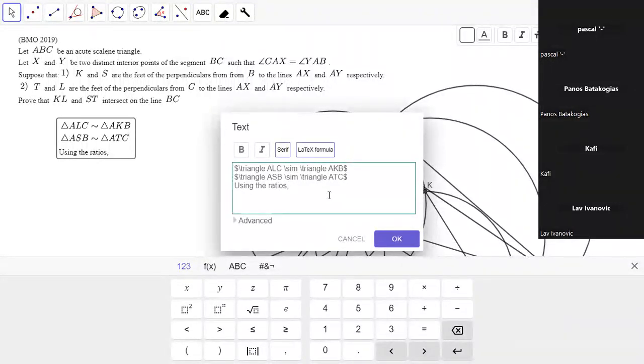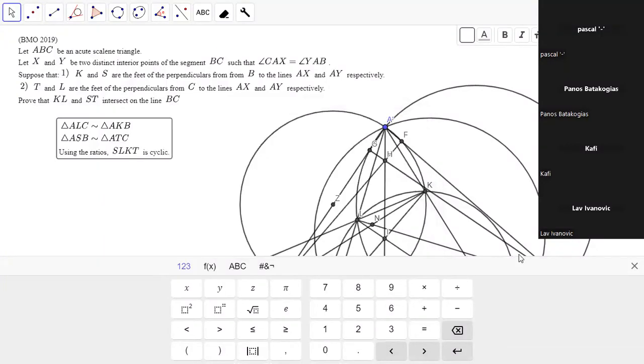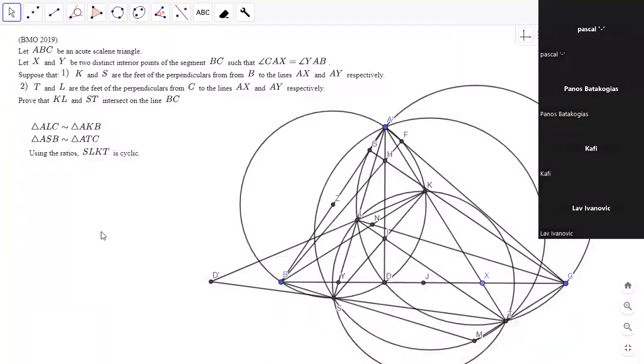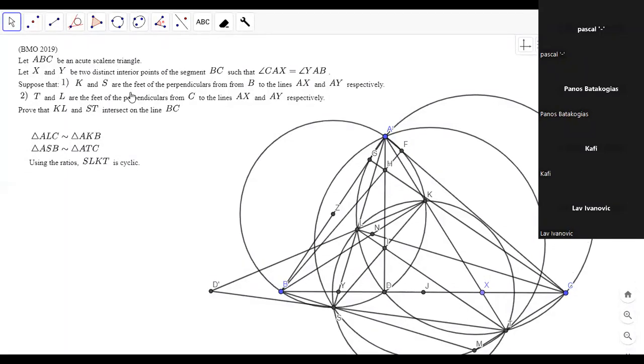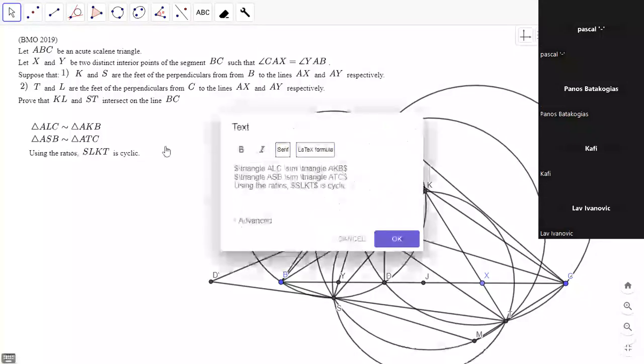Is that true? So we have AL over AC is AK over AB. That's one ratio, and then we have AT over AC is AS over AB. And if you divide those, I think you get it, right? Yeah. And so, okay, power of a point.